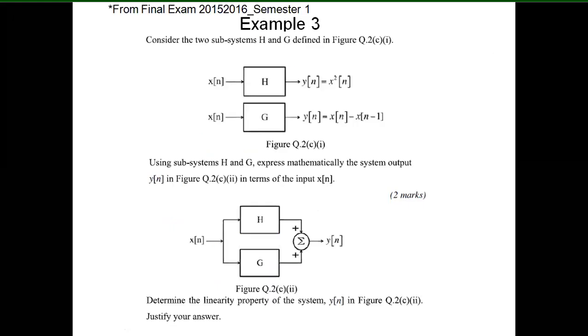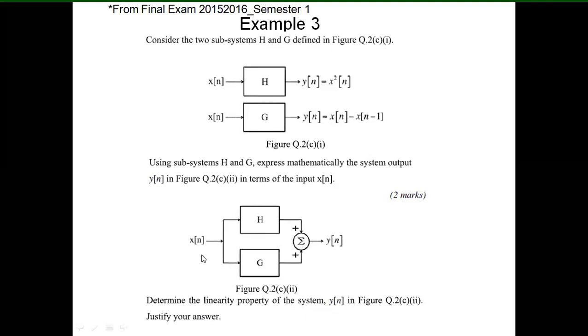So let's have a look at example number 3, where we want to test the system's linearity. This is basically the same question as what we have seen in lecture 4 before. This is part 2 of the question, in which you have to determine the linearity properties of the system yn in this figure.